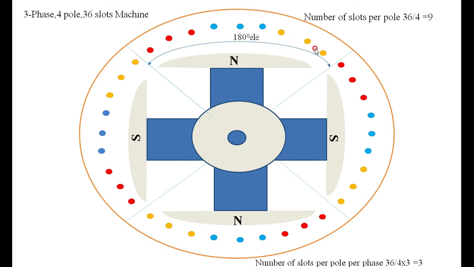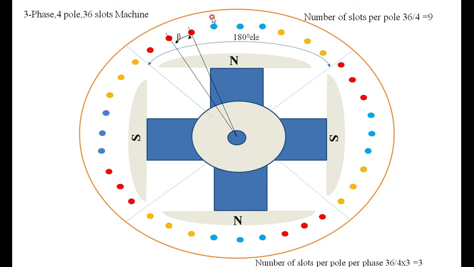If we take this particular example, there are 9 slots distributed for 180 degrees. Therefore, the angle between two slots is 180 divided by 9, that is equal to 20 degrees. So how do we get the angle between the slots? It is merely 180 divided by the number of slots per pole, or 180 divided by N, the formula that you have to make use of.